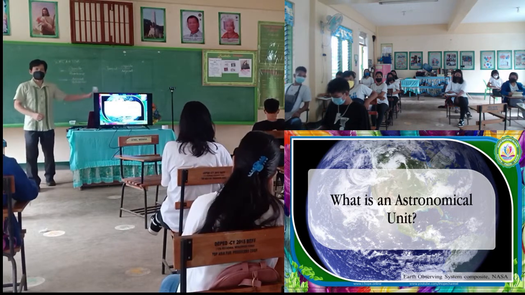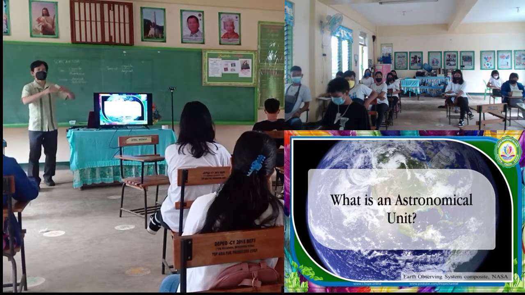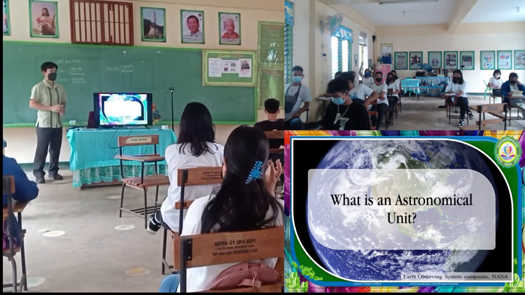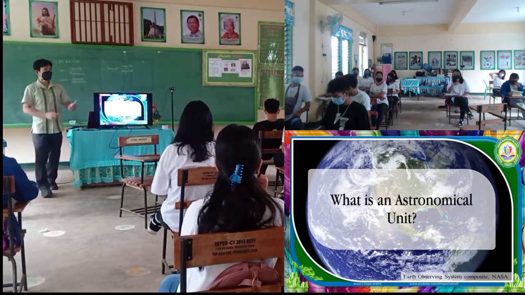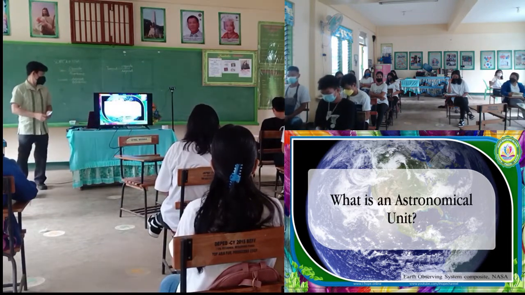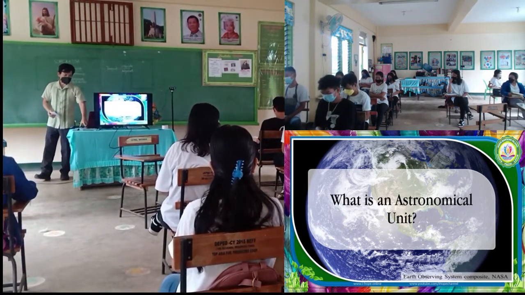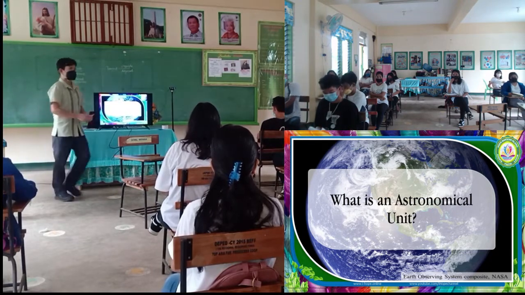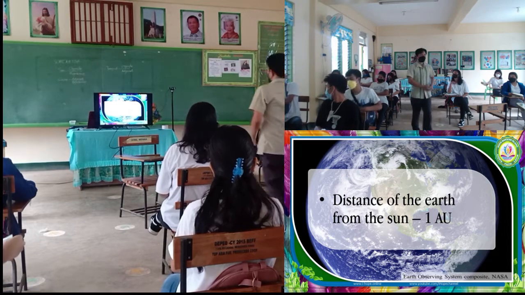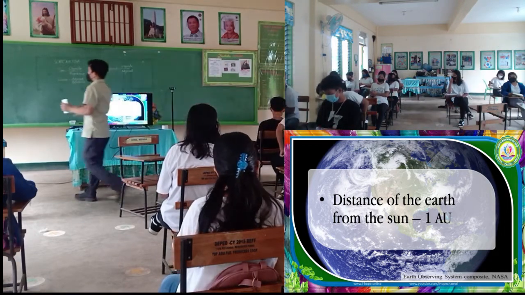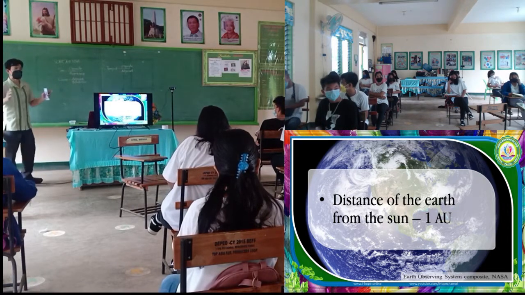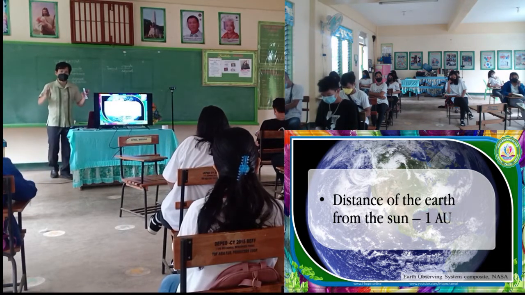Okay, so this is one of the major accomplishments in the first rung of the ladder, the astronomical unit. What is an astronomical unit? An astronomical unit is the distance of the Earth from the Sun. It means that from the Earth to the Sun, the distance is 1 astronomical unit, 1 AU.